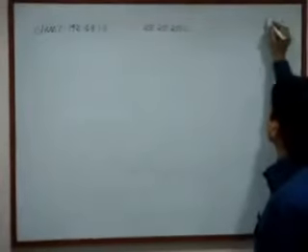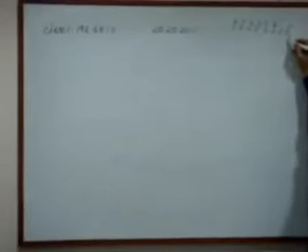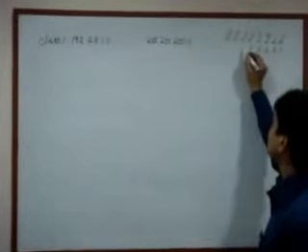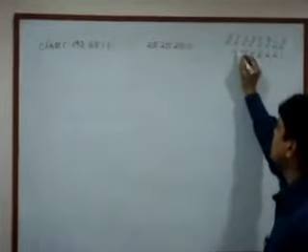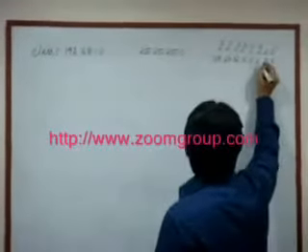So how do we get this 255? We have already seen 2 power 0, 2 power 1, 2 power 2, 2 power 3, 2 power 4, 2 power 5, 2 power 6, 2 power 7. The values are 1, 2, 4, 8, 16, 32, 64, 128.